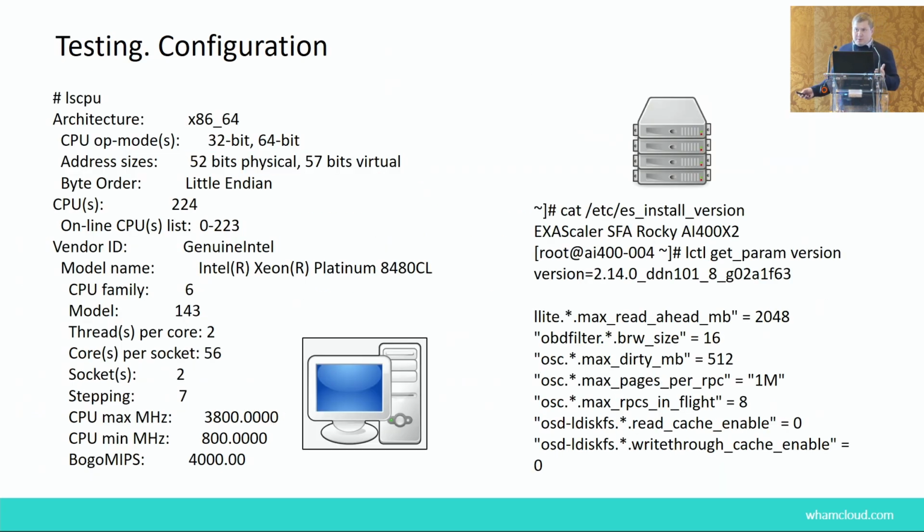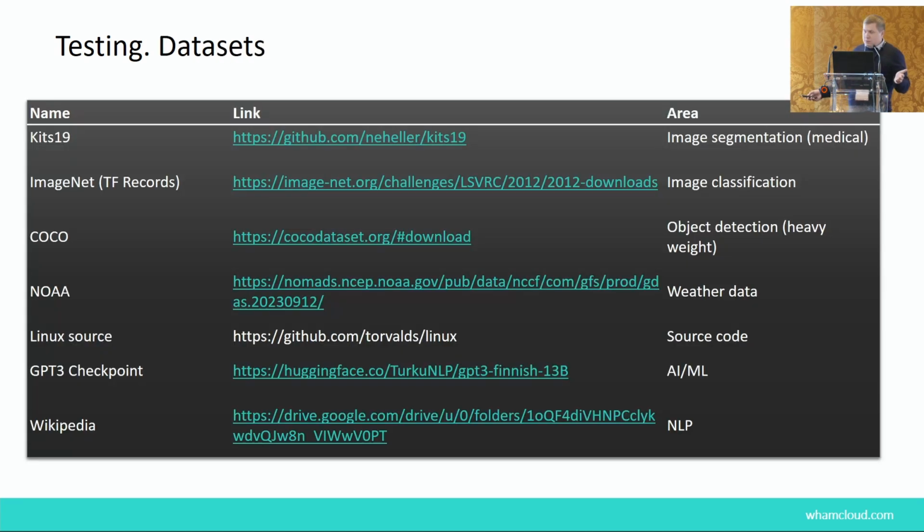Some tests were prepared in our laboratory. The client is the most important part here. It's multi-core, more than 200 cores, and a standard exascale appliance. We used different sets of input data to see how the algorithms work for different types of input.